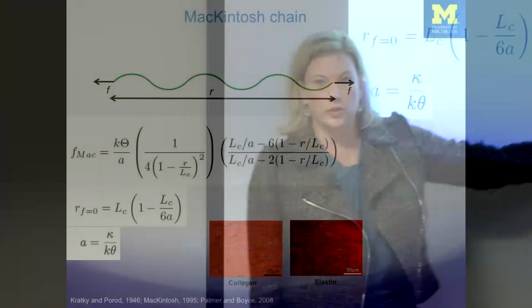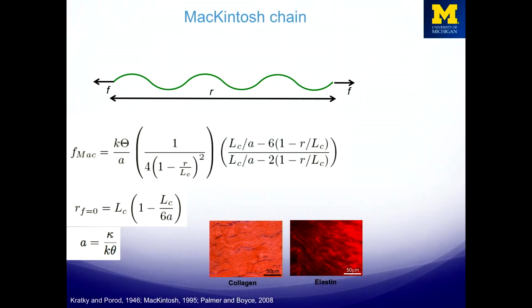Okay? The model parameters are things that you could, at least in theory, relate to the actual structure. So the mechanical response of a ligament is largely due to collagen. There's also elastin in there. And you can see that from the staining, what the collagen looks like: almost fully extended chains.